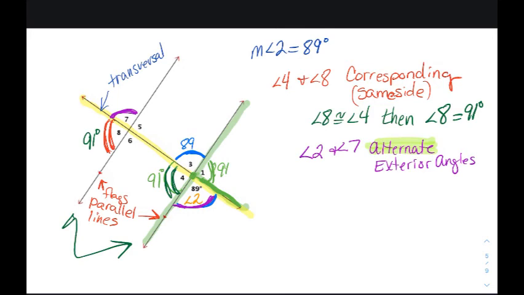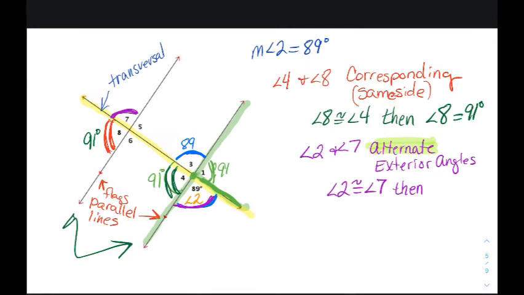And what we know also by definition is that alternate exterior angles, when given parallel lines, are also congruent. So angle 2 is congruent to angle 7 based on the definition of alternate exterior angles. So if angle 2 is 89 degrees, then angle 7 is also 89 degrees.